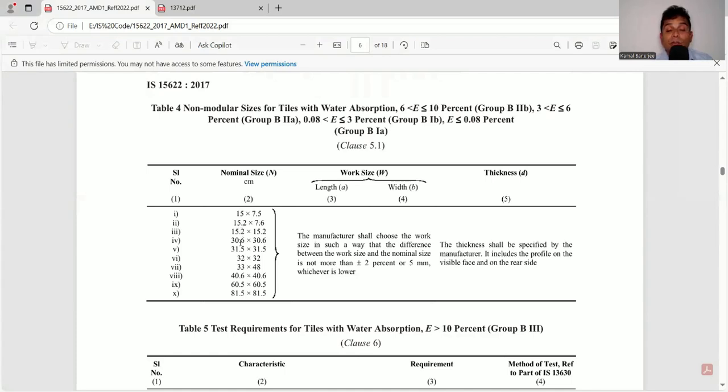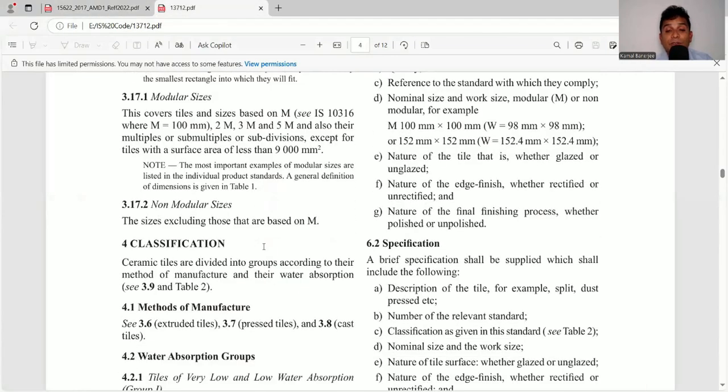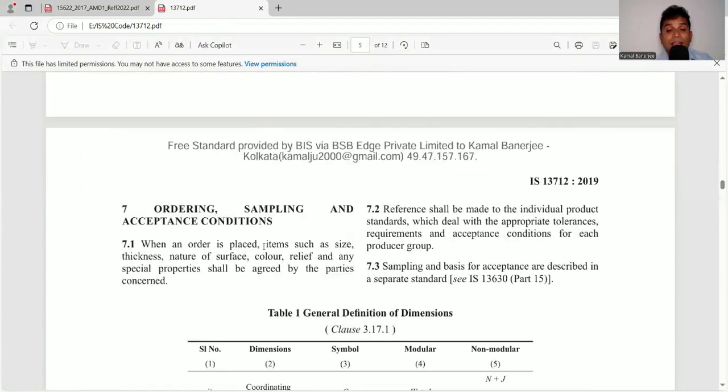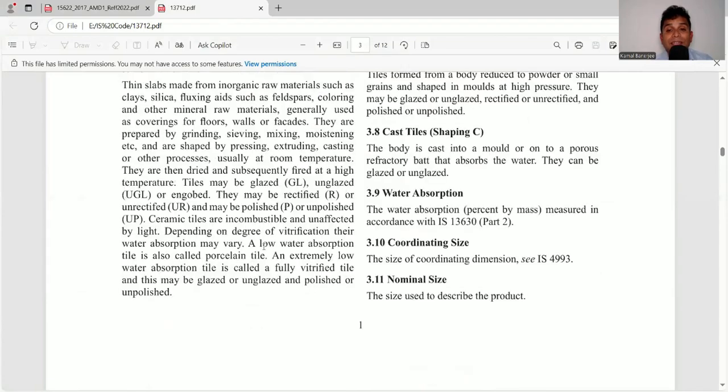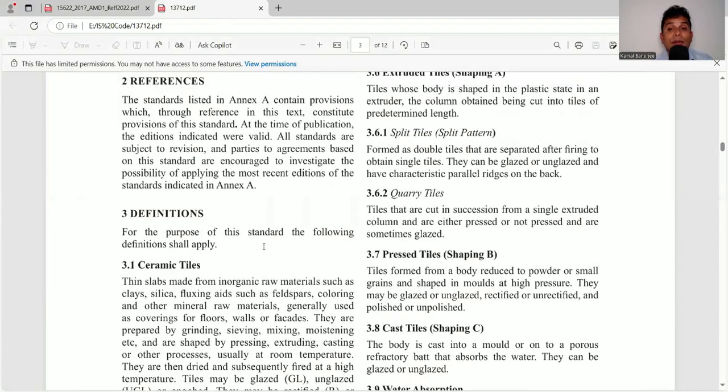So that can be customized as per the requirement. So it has given the provision that the modular size also can be prepared or non-modular size also can be prepared. So according to our requirement, whatever modular size I need, I need to make that one as per our requirement.